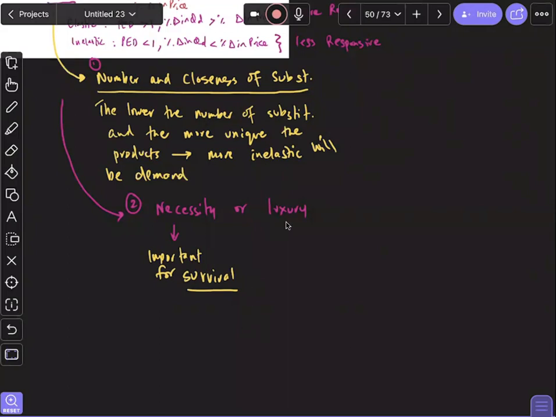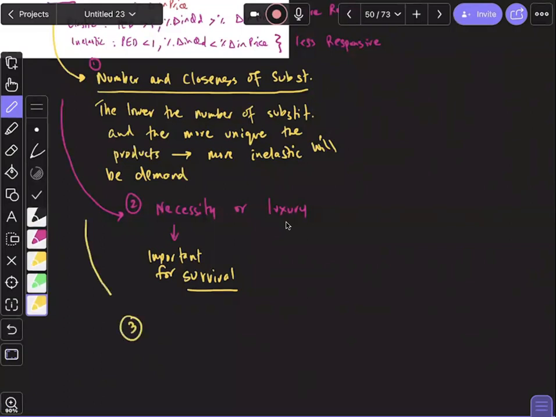Is there any other factor that you can think of? If you can tell me. So what about the price of complements? That's a demand side factor. We're looking at your elasticity factors right now.